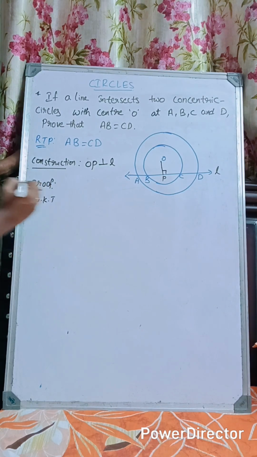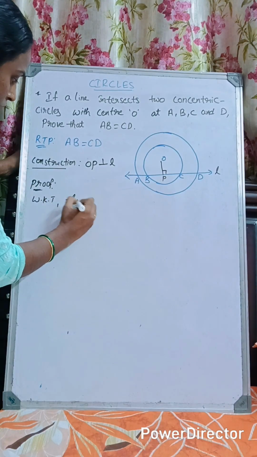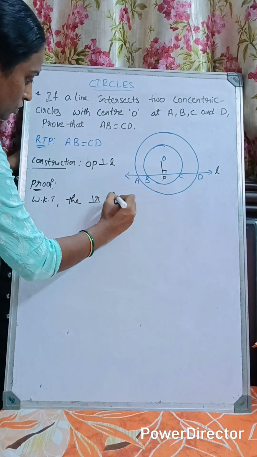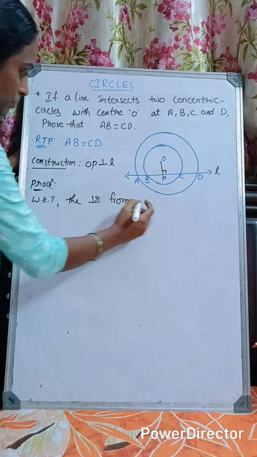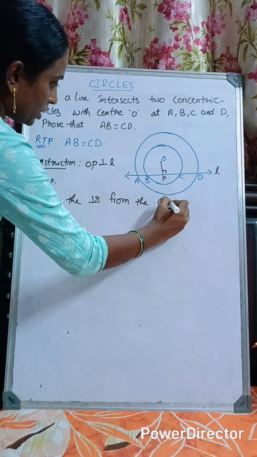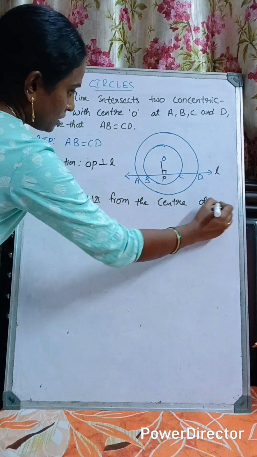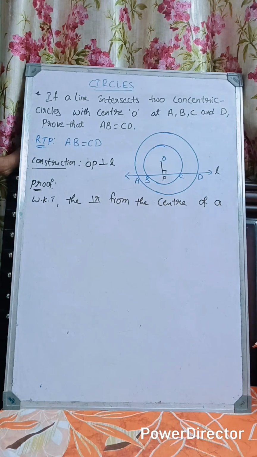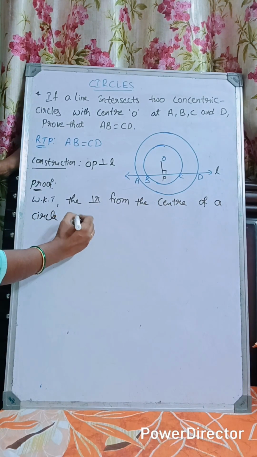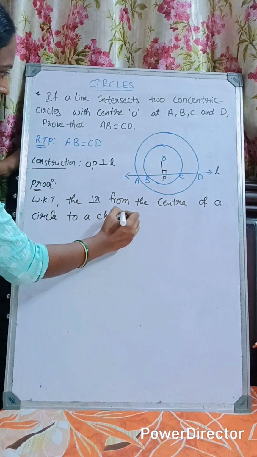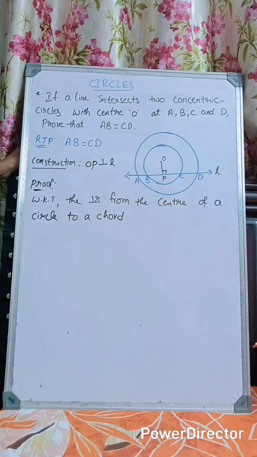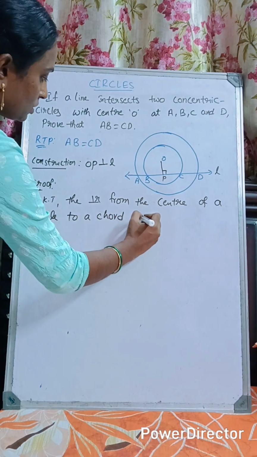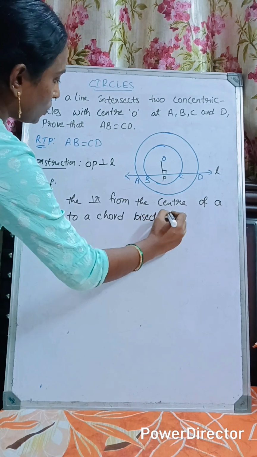So what we know here is that the perpendicular from the center of a circle to a chord bisects the chord.